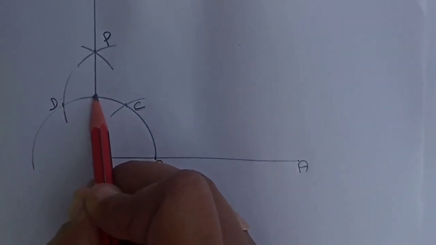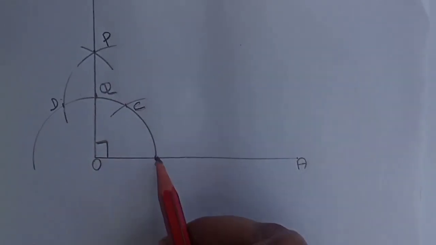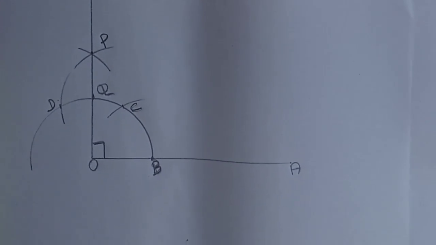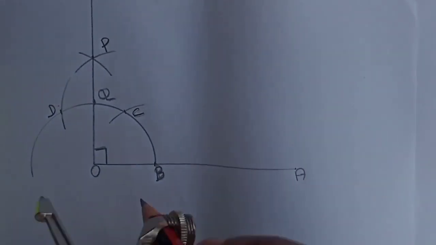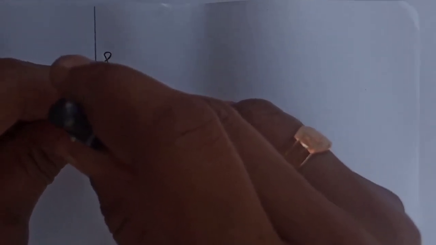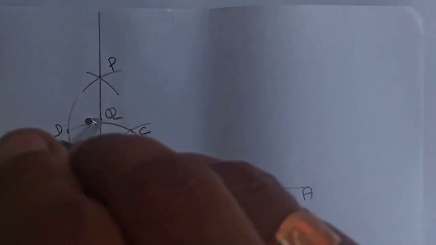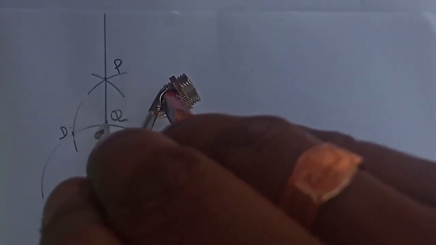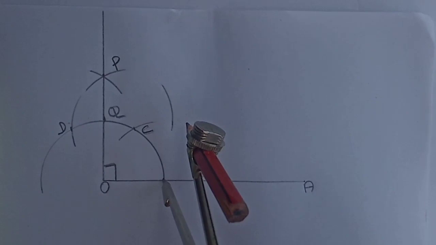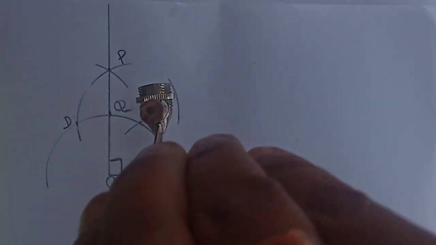Next we have to come down to make 45 degrees. For that we have to bisect angle AOP, 90 degrees. For that, mark the point Q and with Q as center, by using your compass, draw an arc. By using the same radius with B as center, cut the arc.